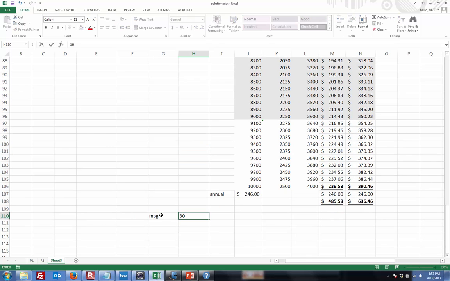MPG 30, dollars per gallon 4, equals 10,000 miles times dollars per gallon divided by miles per gallon. $1,000.